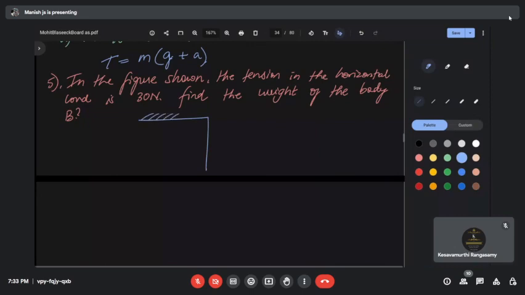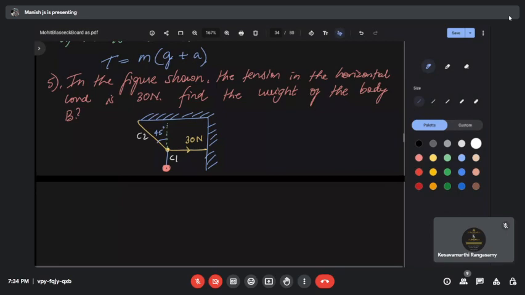This is the figure. C2 means cord 2 and C1 means cord 1.